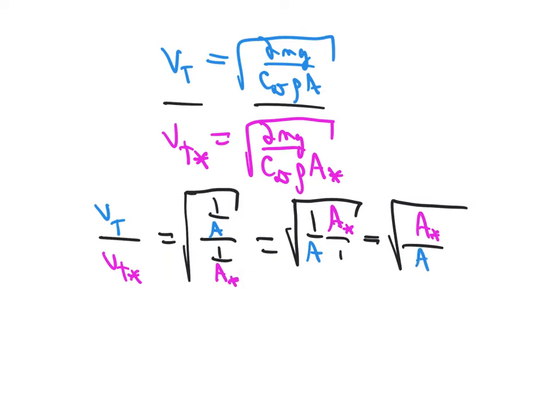Remember, that's not actually really what we wanted. This is giving us the ratio of the terminal speeds, and we want the ratio of the areas, so we need to solve, and we want to square both sides.